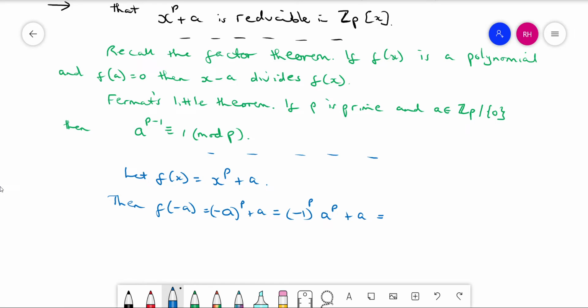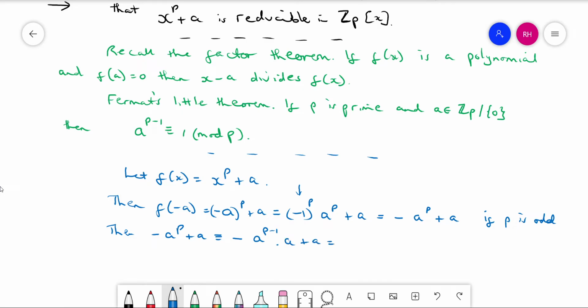So negative 1 to an odd power is negative, so if p is odd, then we can say this is negative a to the p plus a, which is actually negative a to the p minus 1 times a, plus a.